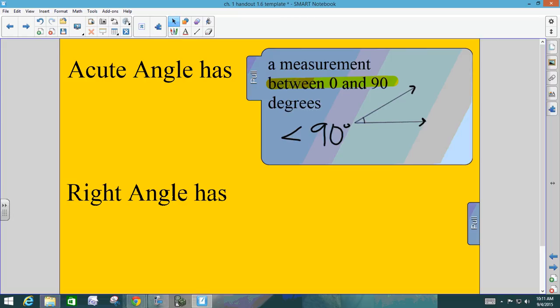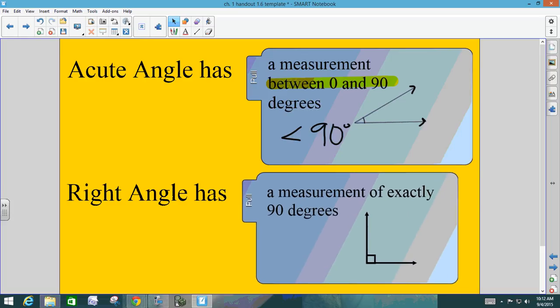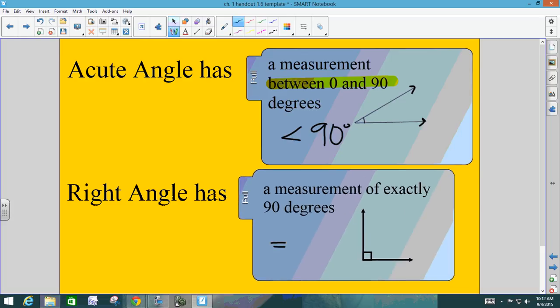How about a right angle? What's the measure of a right angle? Yep, a right angle is equal to 90 degrees. And you could just write equals 90 degrees right on your paper. You don't have to write all that out.